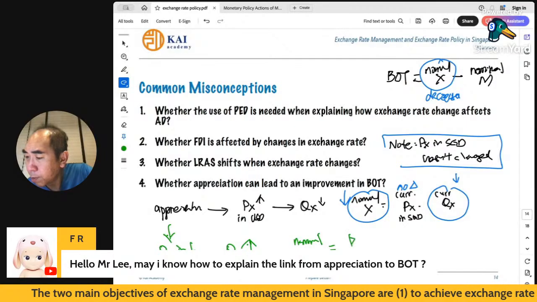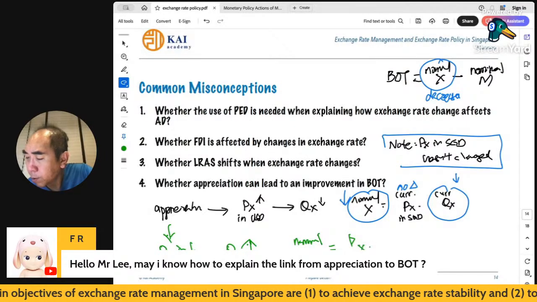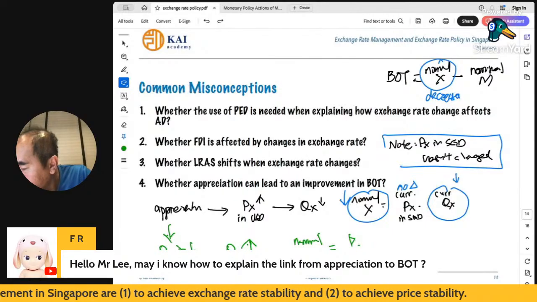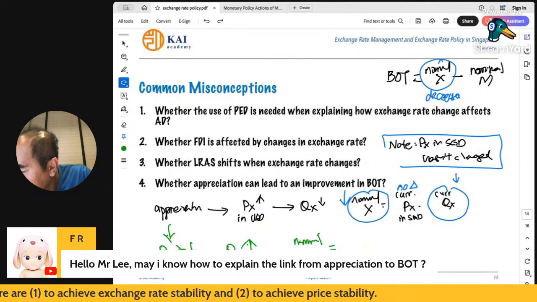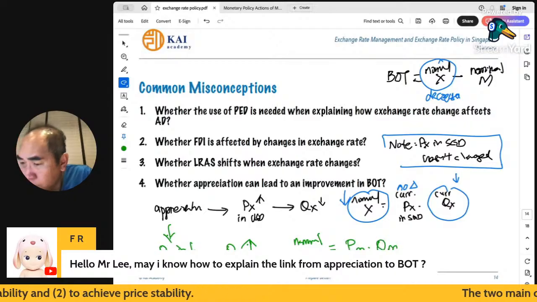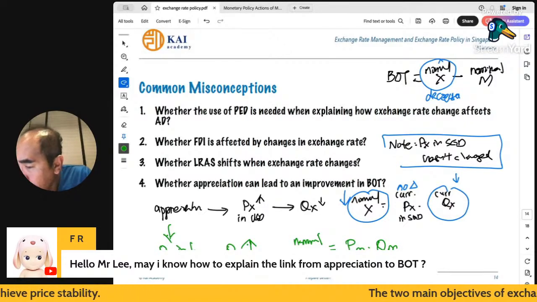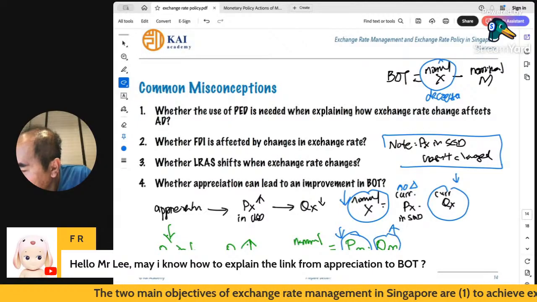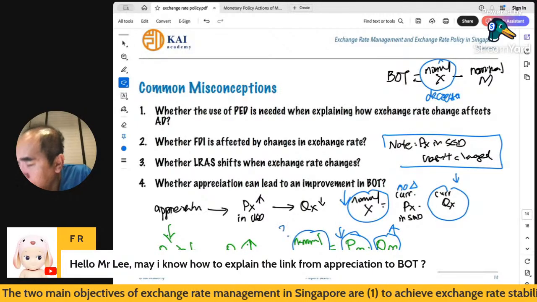Nominal M is PM times QM. So what's happening to PM? What's happening to QM? PM is falling while QM is rising. So M is actually indeterminate.